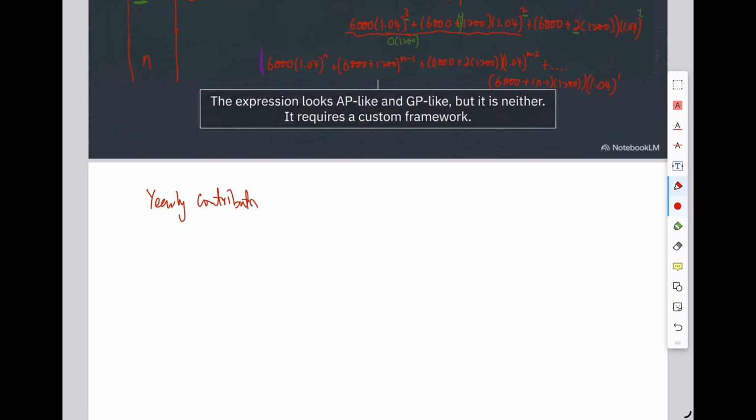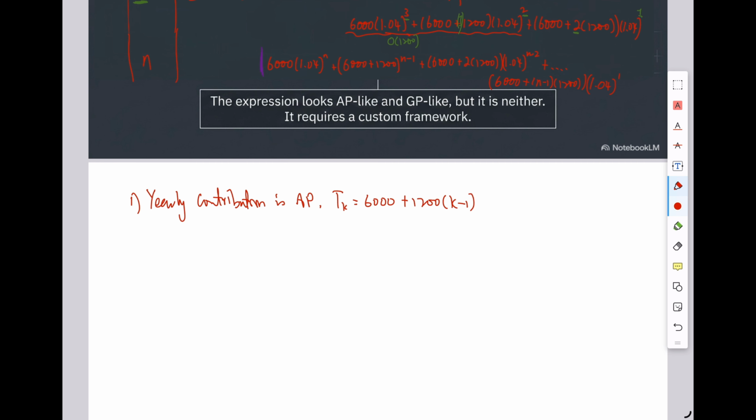is an AP, where in that particular year K, I increase by this amount, 6,000 plus 1,200 (K minus 1), right?